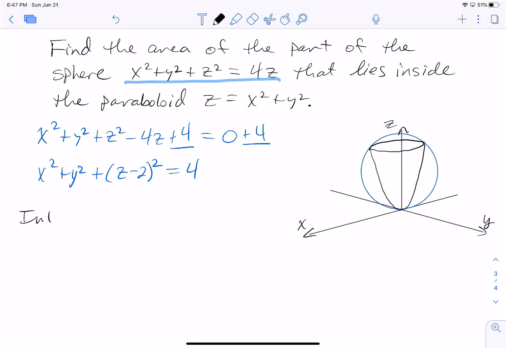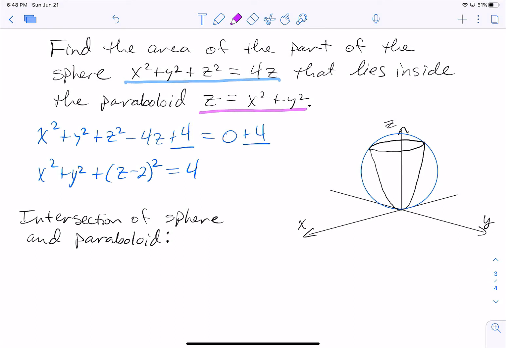Let's find the intersection of the sphere and the paraboloid. I think the easiest way is to note that z is x squared plus y squared for the paraboloid, and we have an x squared plus y squared in the equation of the sphere. So the equation of the sphere becomes z plus z squared is equal to 4z, and you can manipulate that equation and see that z is equal to 0 or 3.